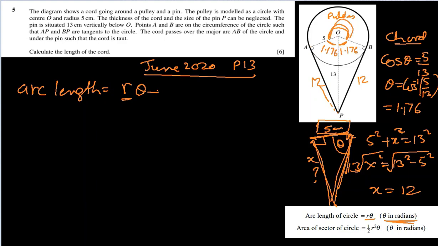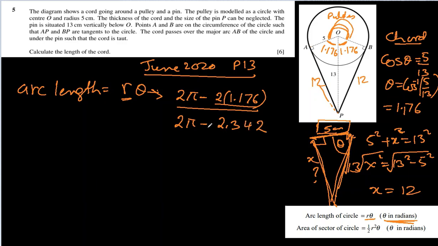So the angle of the major arc, this theta, will be 2 pi minus 2 times 1.176. Let's multiply it out: 2 pi minus 2.352. So the arc length becomes r is 5, theta we just got, 2 pi minus 2.352.